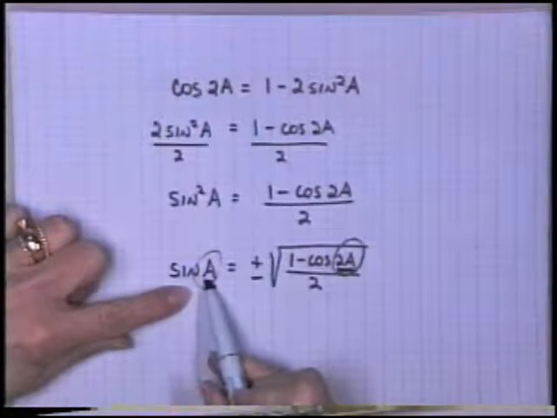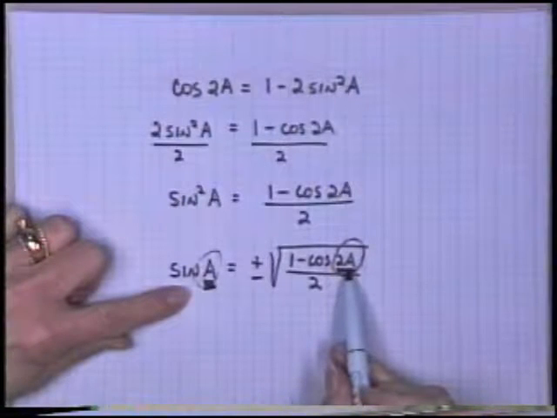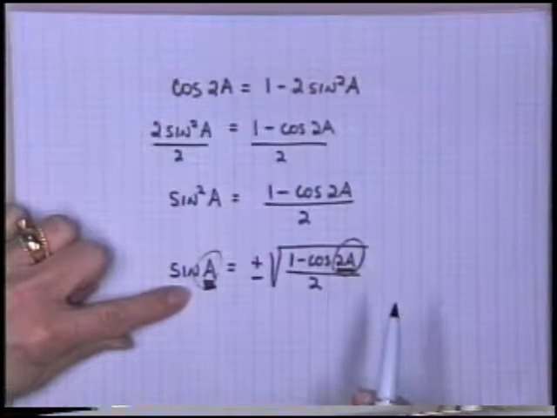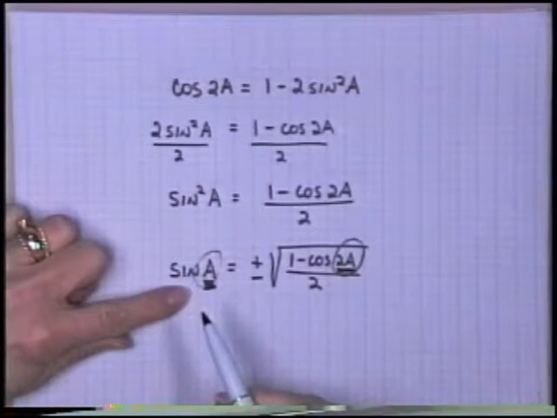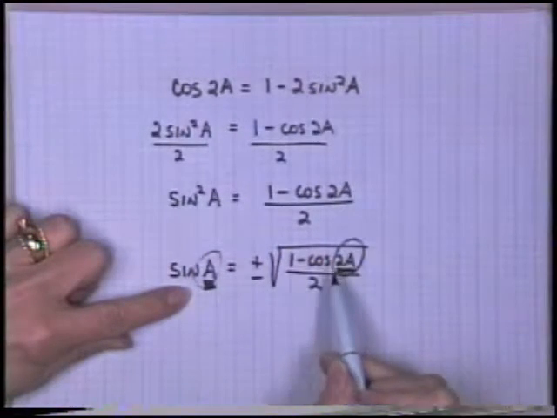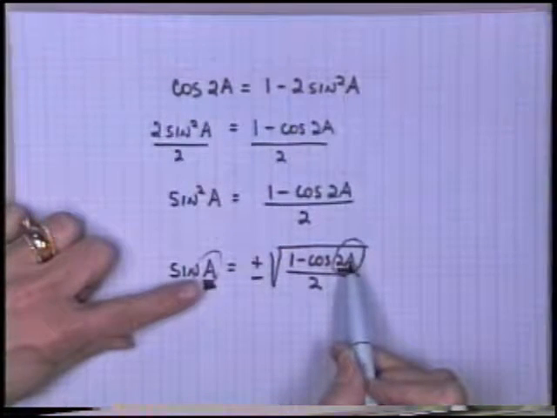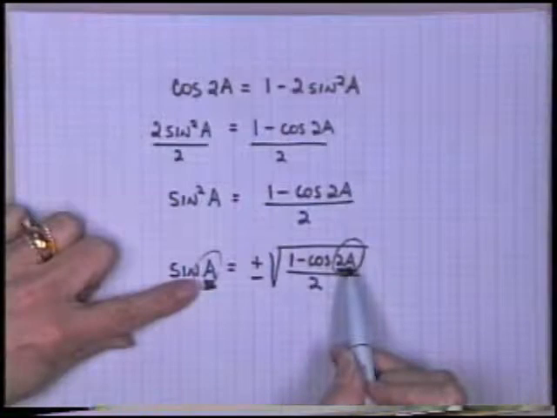So in other words, if I had 15 degrees here, then I would have 30 degrees here. This is twice as much. Looking at that in a reverse direction, if I know what is here, and I know that that's twice A, what would I do to this to get just A here? I would divide by 2, wouldn't I?